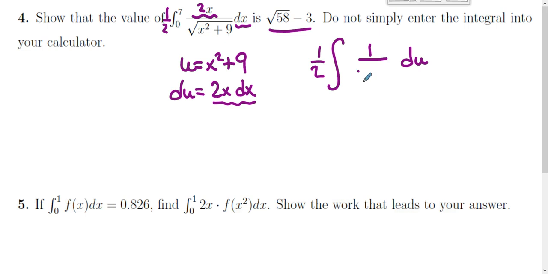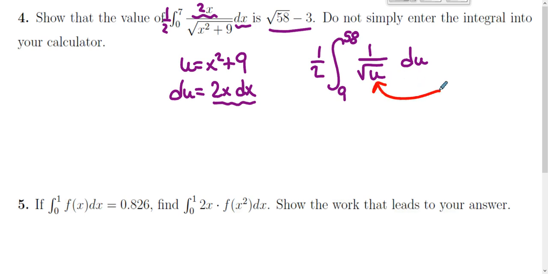And then you got this thing in your denominator. From where to where? When x is 0, what's u? When x is 7, what's u? This integral has the same value that this integral does, so we do this integral because it's easier.